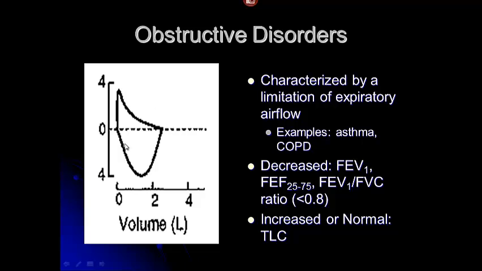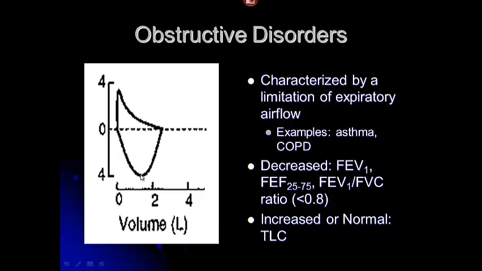If you look at the loop, if you look at the normal loop before, now you look at the obstructive loop, you have basically a sharp, fast slow down in the slope of expiration. You have a normal inspiration, characteristically of bronchospasm. You have no problem in inspiration.